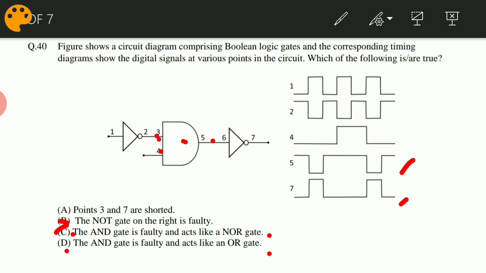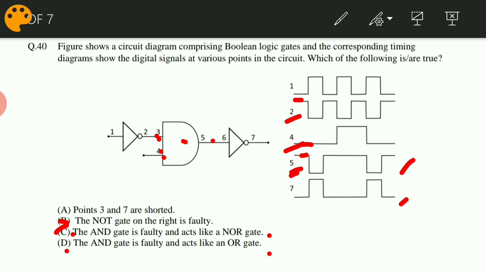I have already told you that the signal at point 3 is the same as that at point 2. So these are our input signals. Signals at point 2 and point 4 are the inputs, and the signal at point 5 is the output. When the inputs are 1 and 0, the output at point 5 is 1.